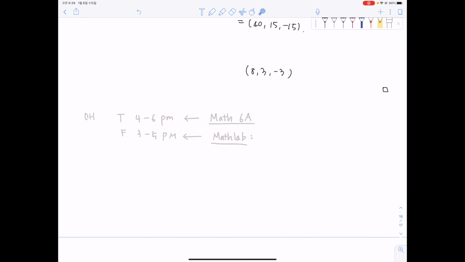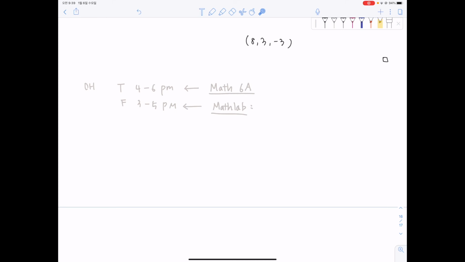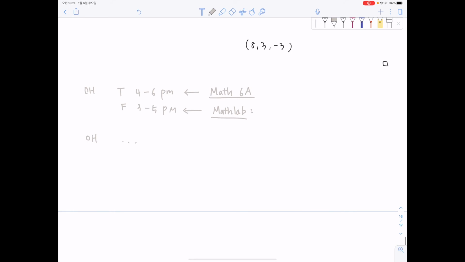So if you want to ask the question to me, then you can use these office hours. Or if you want to just ask questions about Math 6A, then you can also use the other TA's office hour. I don't know the exact time, so you can check it in the syllabus.